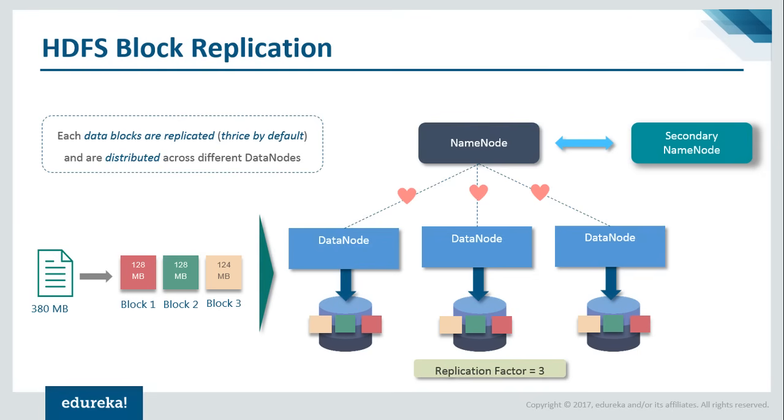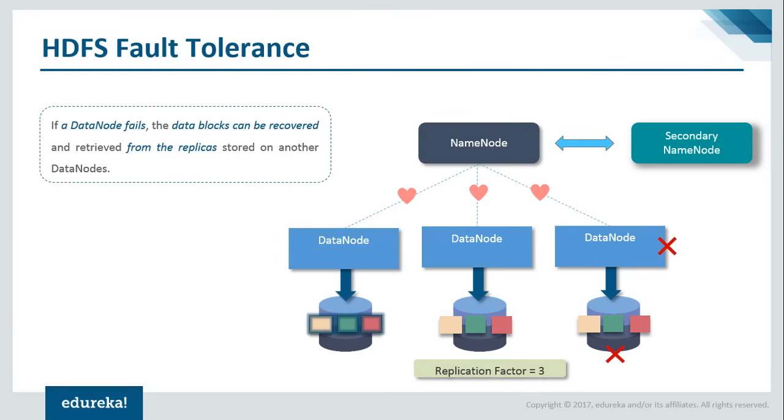So now let's say that if a data node stops functioning, you don't have to worry, your data will not be lost because there are replicas of it. There is a replica of your data in data node 1 and data node 2, right? So your data will never be lost. And you have certain criteria in order to replicate your data also, right?